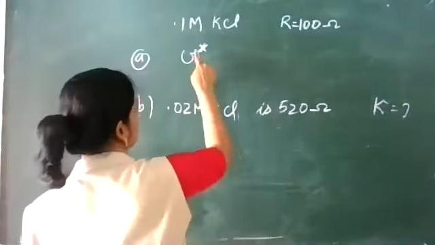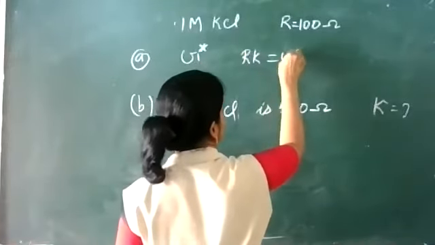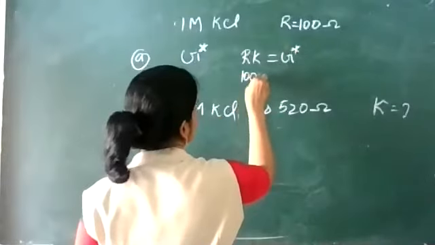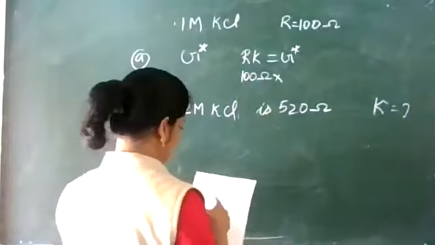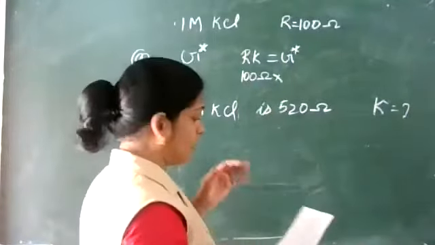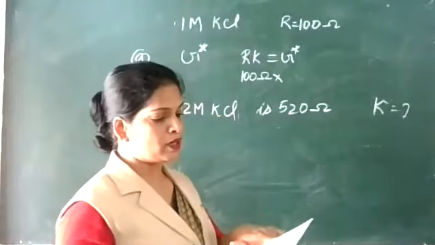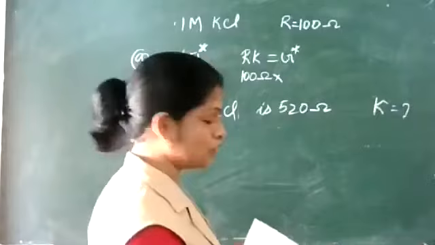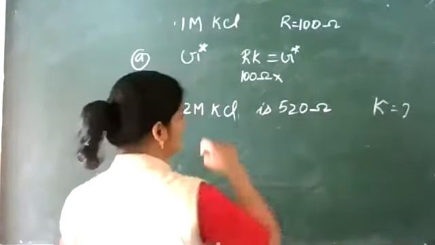First we have to find out G star. For G star we'll be using R is equal to G star divided by kappa. R is given as 100 ohm. Kappa for 0.1 molar is 0.0129 S per centimeter, as I have just written.